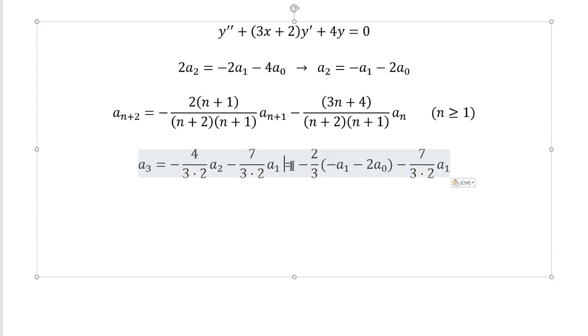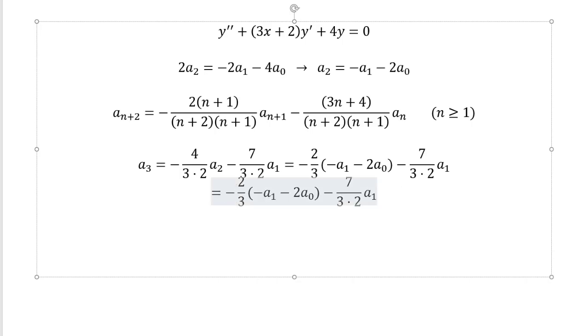And then if I simplify further, we get positive 2/3 a1, and then plus, well, negative 2/3 times negative 2 would be positive 4/3 a0. And by the way, let's just rewrite this as 6. So this would be 4 over 6 minus 7 over 6.